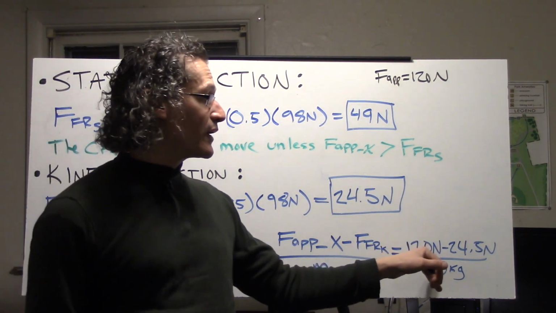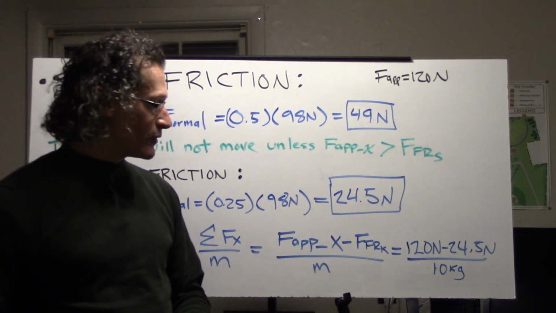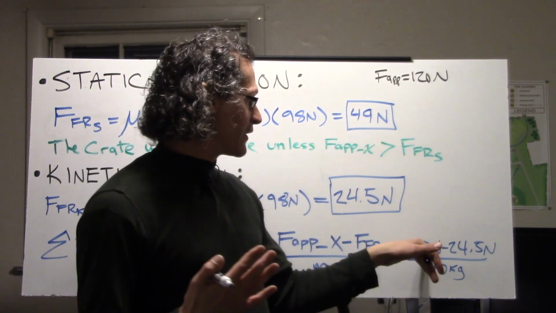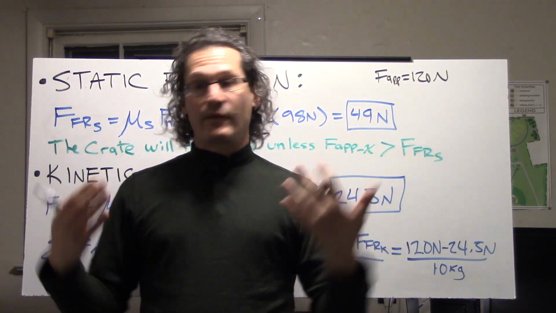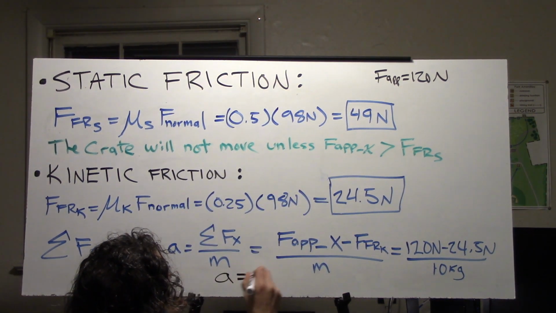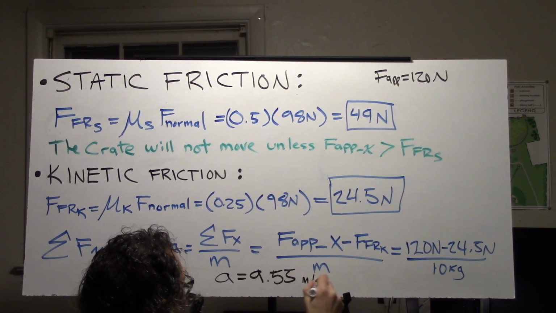Well, that's 120 newtons, force applied, minus 24.5 newtons, over 10. So what we have here looks like this: 95.5 divided by 10. We have an acceleration a of 9.55 meters per second squared.